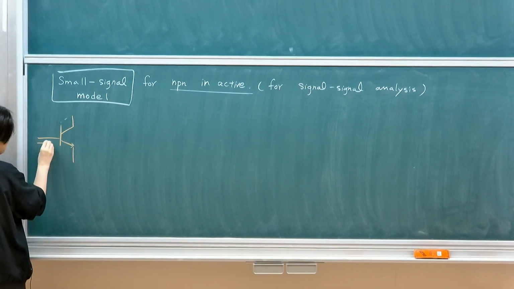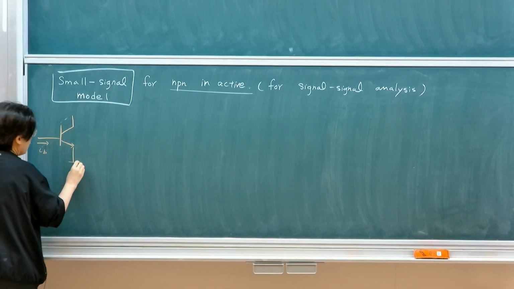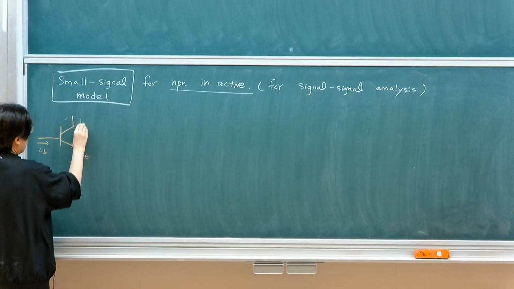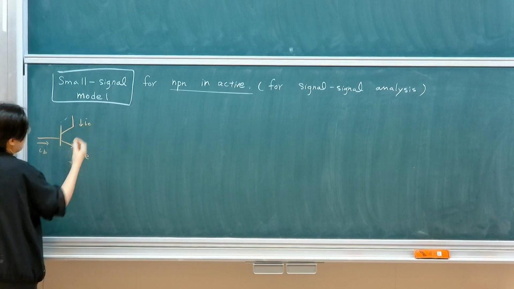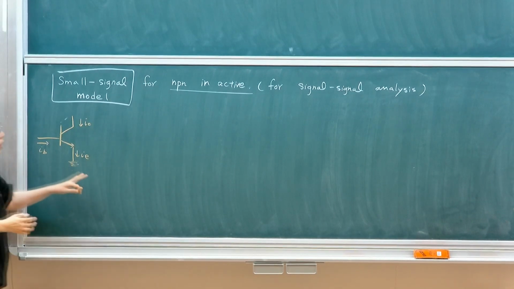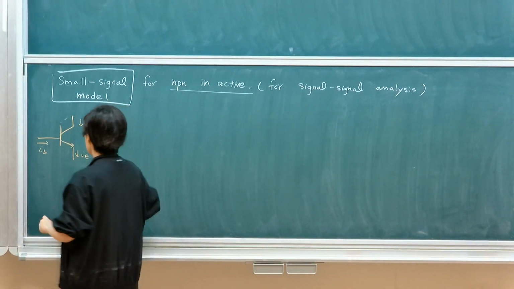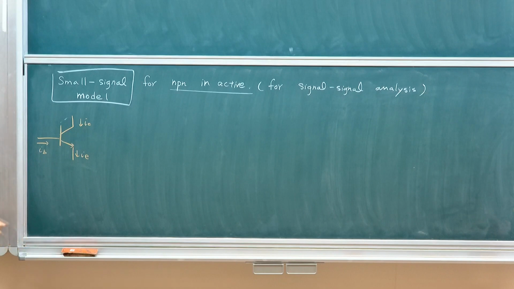I'm looking at how this small signal base current modulation affects the collector current and emitter current. I'm looking at the relationship between the modulated currents or modulated voltages.